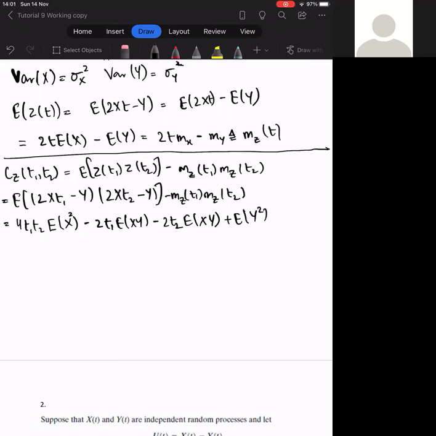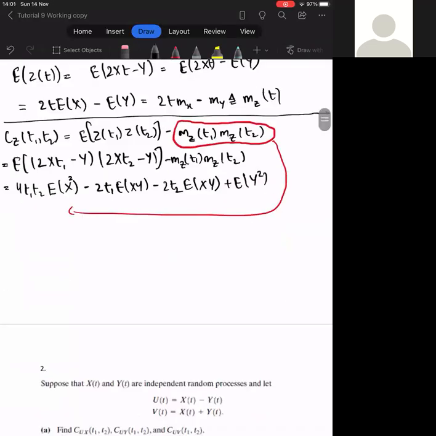Let me just highlight this term. I'm going to simplify it over here. mz of t1 is just 2t1 mx minus my, times 2t2 mx minus my.